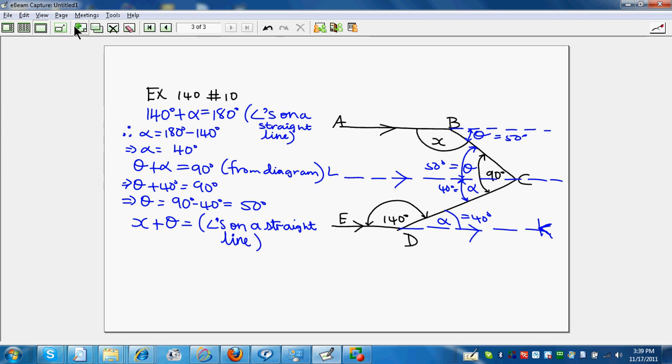That's why I write that. So therefore, if we know theta is 50, I could write x plus 50 degrees is equal to 180.